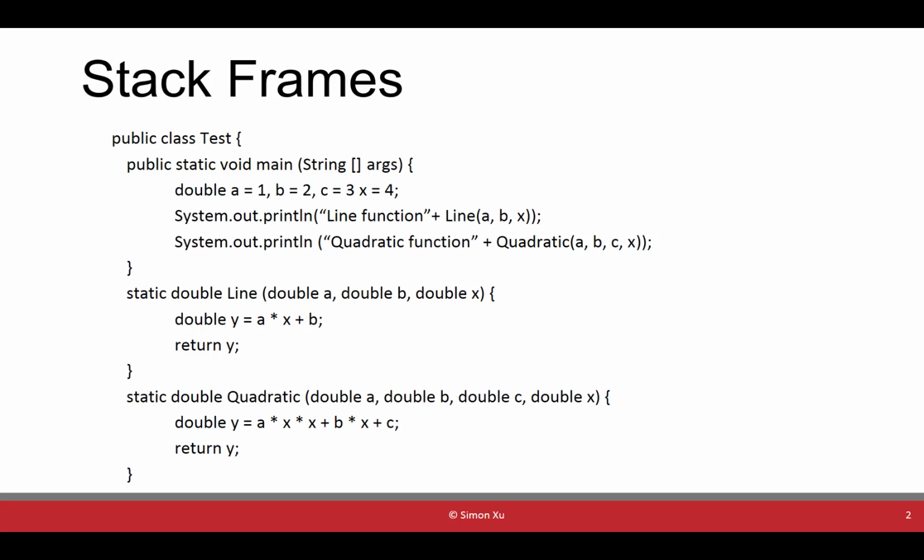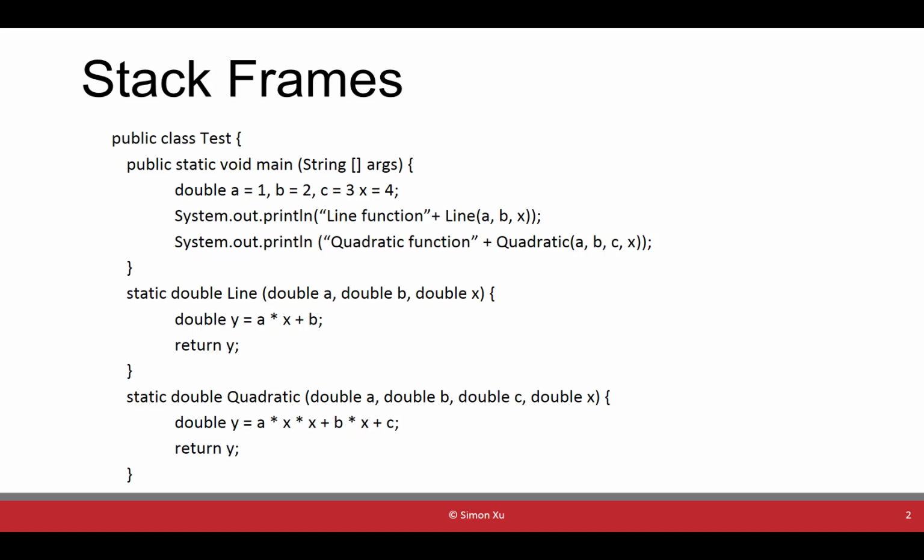Then when the quadratic method is called, a new stack frame which represents the quadratic method will be pushed onto the stack, which again is used to store the parameters and local variables for the quadratic method. At this moment, only the stack frame representing the quadratic method is active.